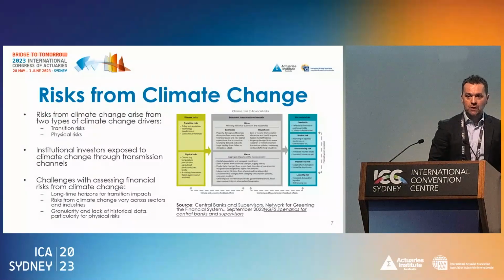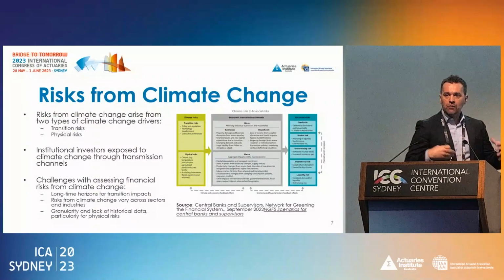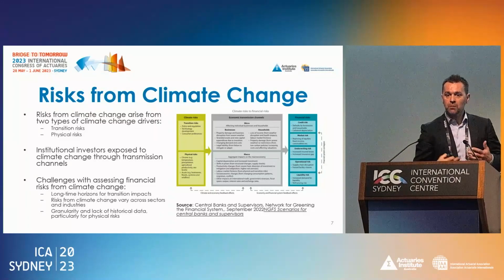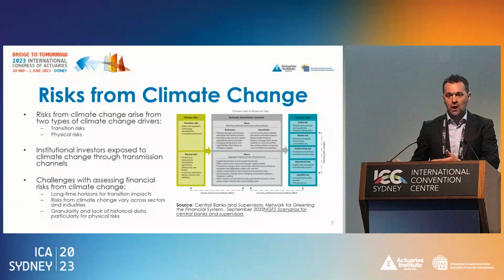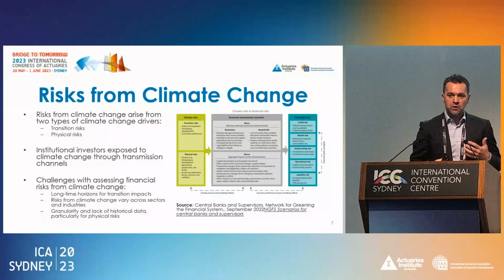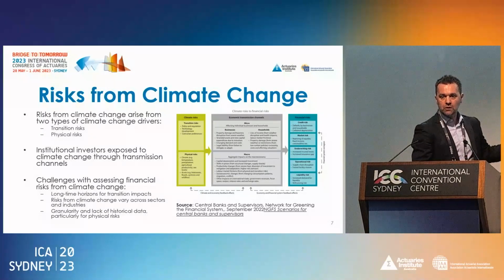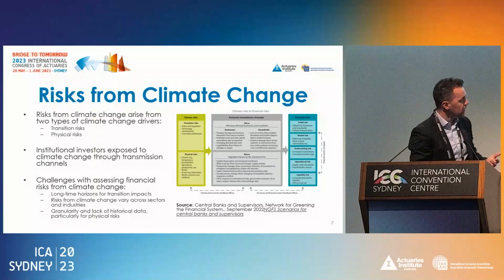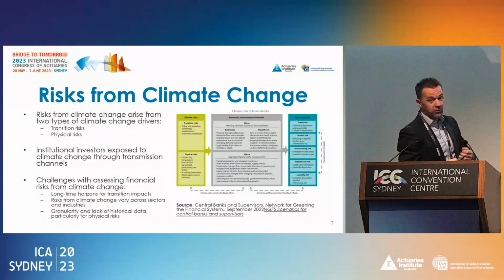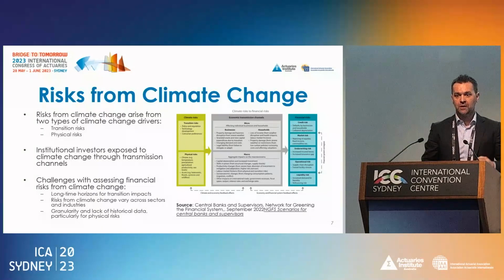Risk from climate change. Now, for a framework to project credit transitions, you need to supplement it with climate data. The framework is made possible by the idea of transmission channels, which was introduced by the Central Banks and Supervisors Network for Greening the Financial System, NGFS.